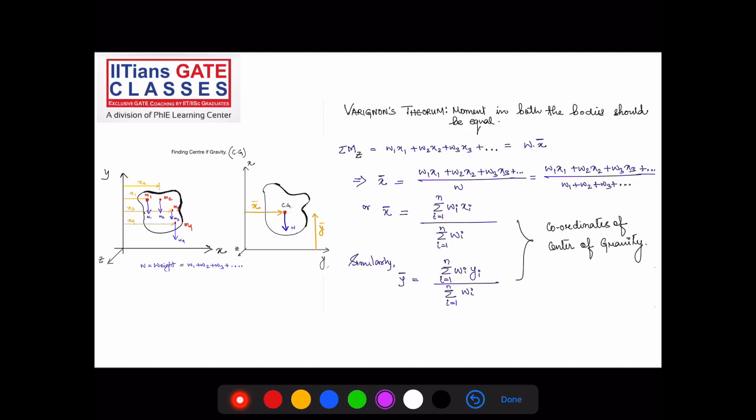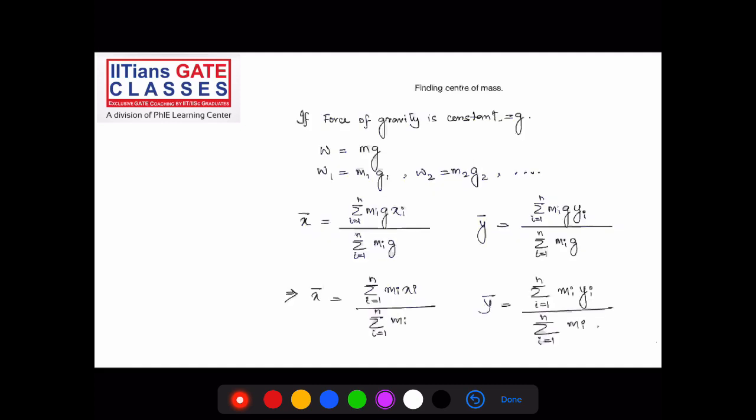Now, if we can say that this body which we are considering is very small in comparison to Earth, then we can say the total weight is equal to mg, or I can say w1 is equal to m1 g1, w2 is equal to m2 g2. These g1 and g2 will be equal to g, because since the body is small, the gravitational force throughout the body will be the same.